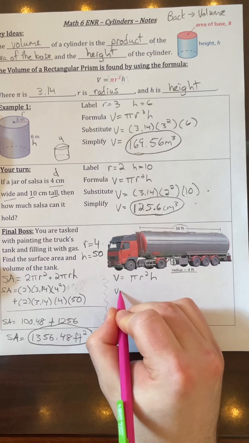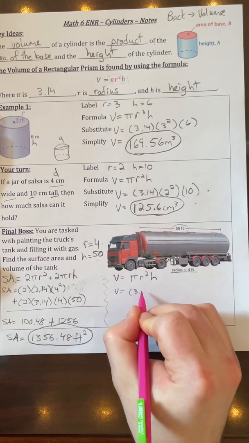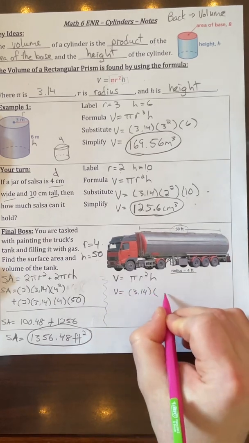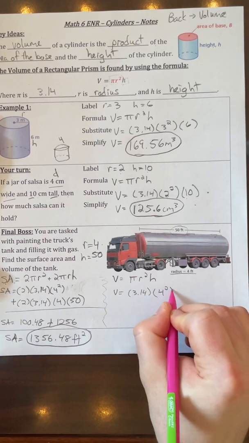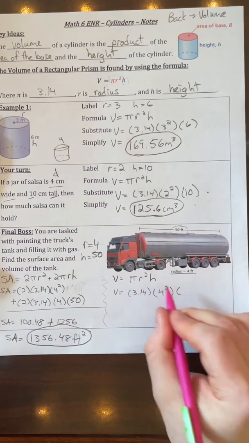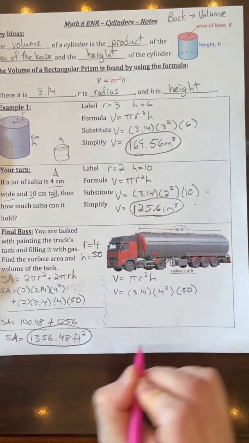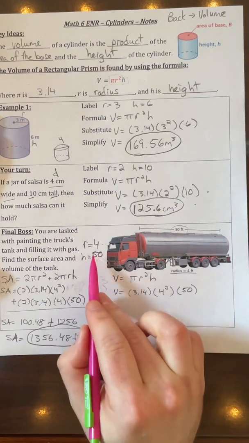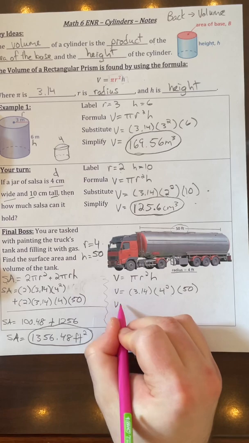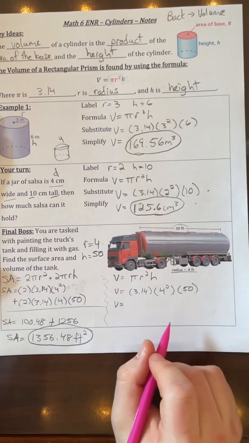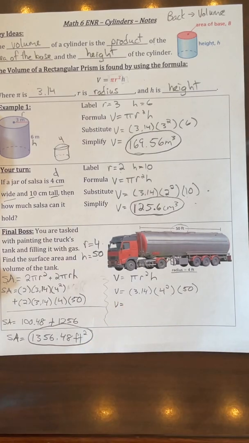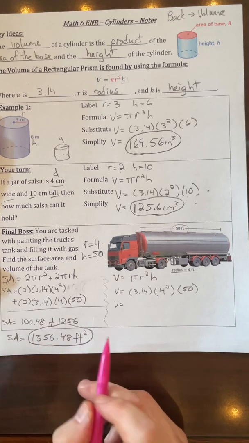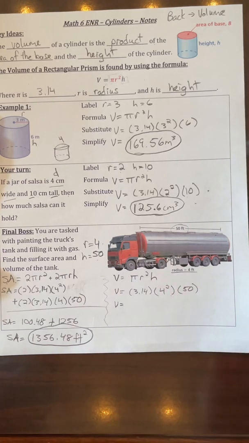So I'm going to say our volume is going to be 3.14 times the radius squared, which is 4 squared in parentheses, and then we have h, which is 50. So we're going to have, even though it's the same variables or dimensions, it's going to give you a different value. Again, very rarely is your surface area going to be equal to your volume, especially when the units are completely different.